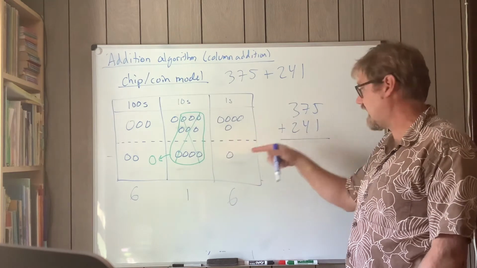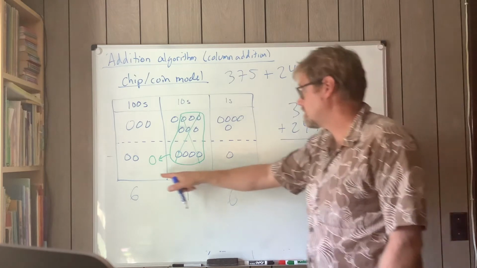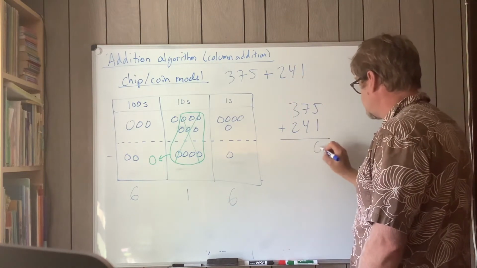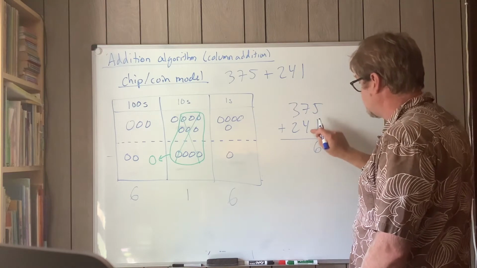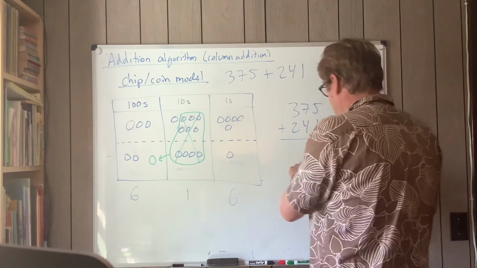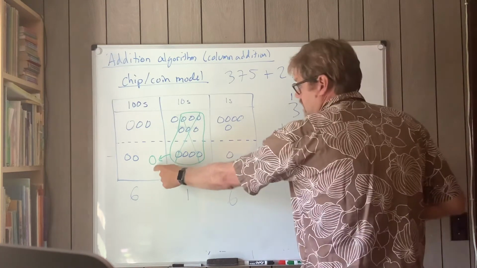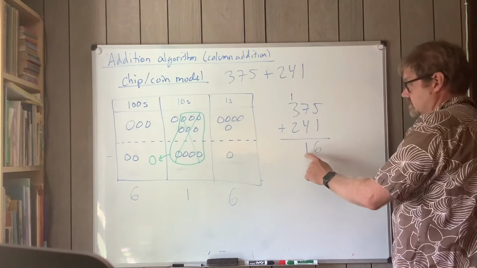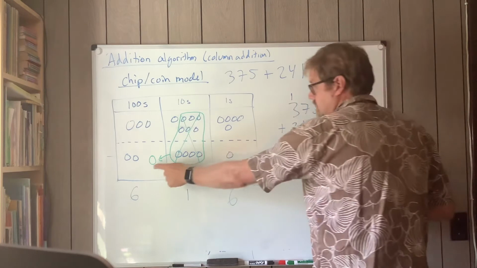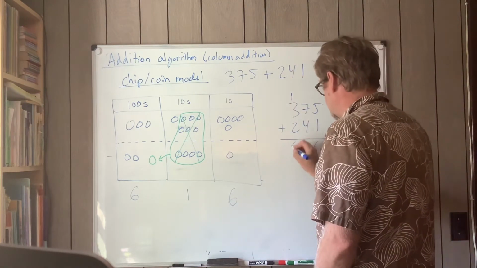So we usually call this carrying. In addition, I like the term rebundling from our textbook. So 6 looks good, right? 7 plus 4 is the 11, right? That's the one that's left, and that's the one I made, right? So there's 1 to there, that one is there, and then 6, so 6, 16.